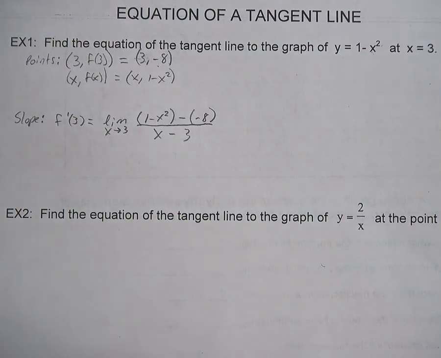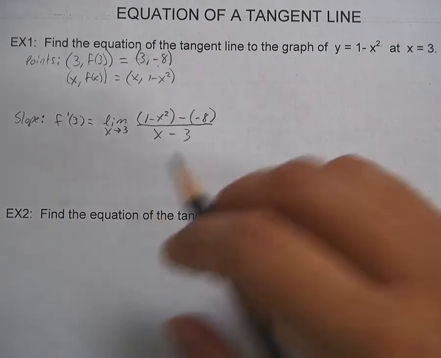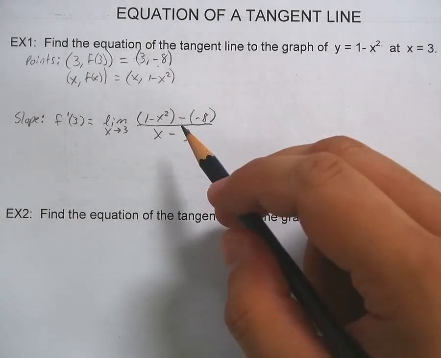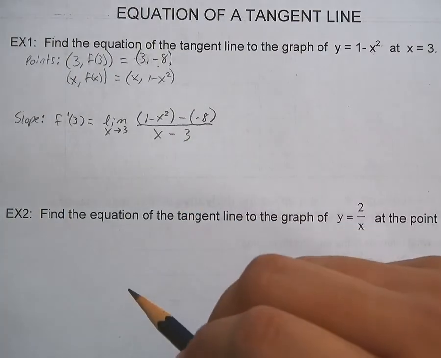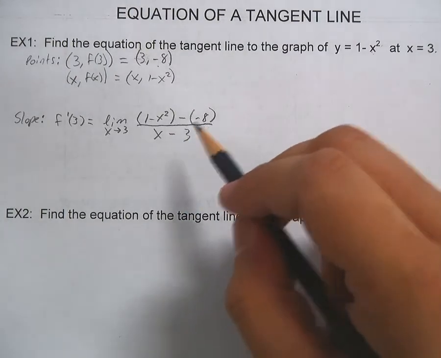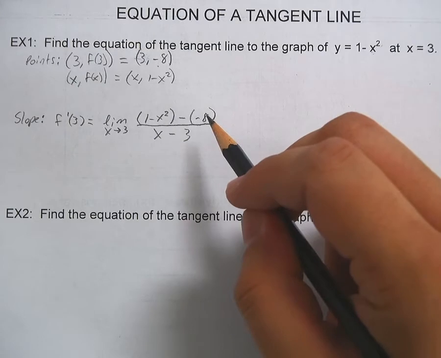Excuse me. Now, there's a couple of things going on here. 1 minus x squared minus negative 8. If you take your minus negative 8, combine them, you'll get a plus 8.